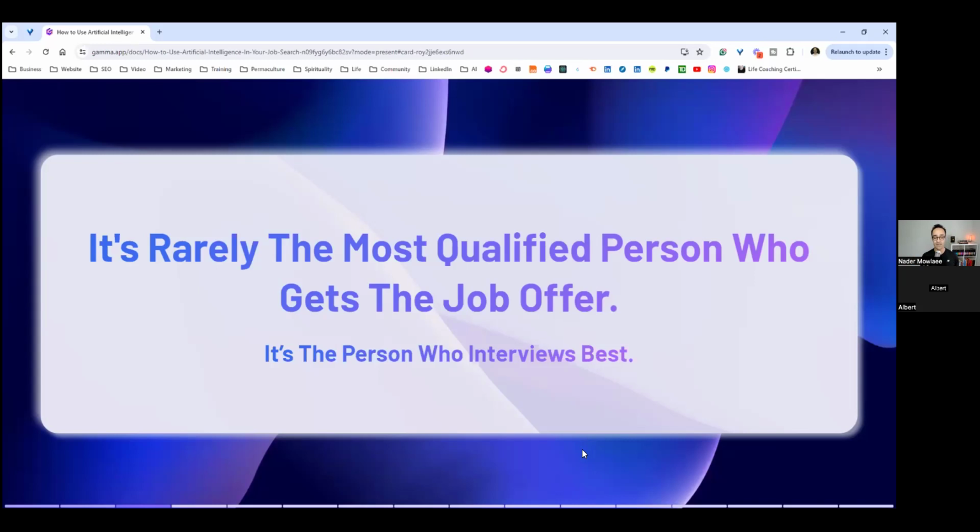And when we have not received a job offer yet, assuming you're now in the job interview stage, you're interviewing, you're just not getting a job offer, it has nothing to do with your qualifications. If you have received a call and a request to interview, they have already looked at your resume, they have already looked at your LinkedIn profile, they are aware of your qualifications.